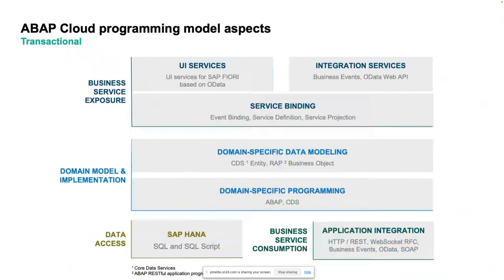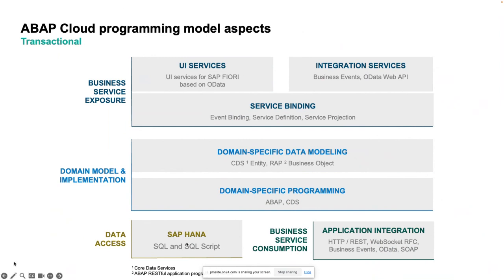And now taking a look at the programming model aspects, which first of all is our transactional model, which is one of the most important pillars, of course. There, it's all about RAP. I don't want to get into too much detail, but basically we all follow one development approach, and we're harmonizing that for all aspects, so that you get something common for everything.